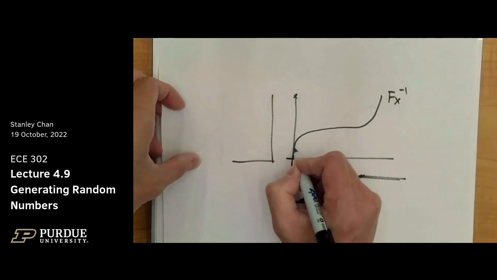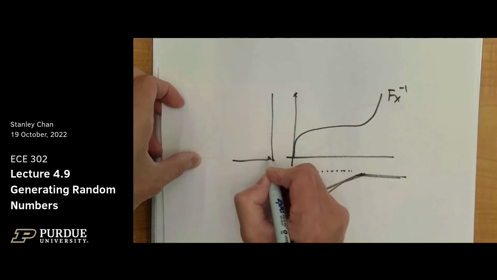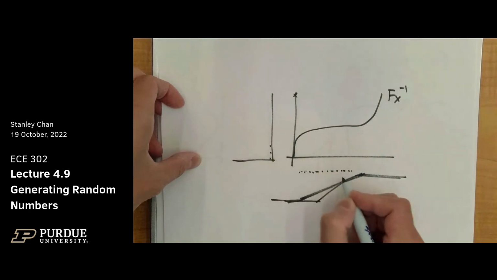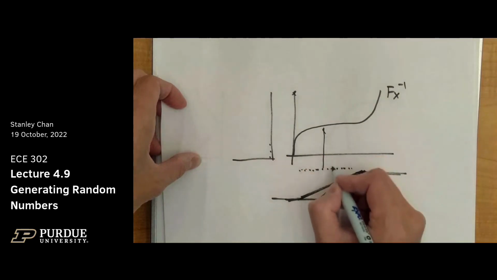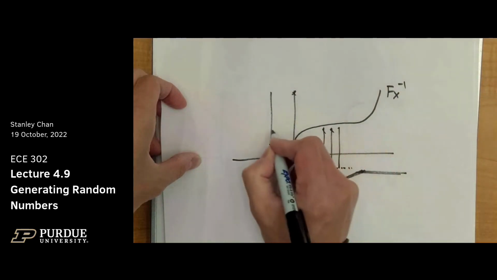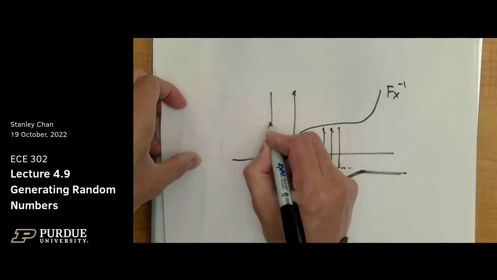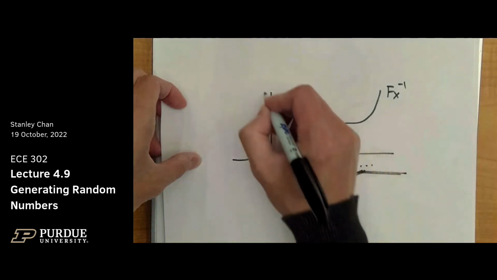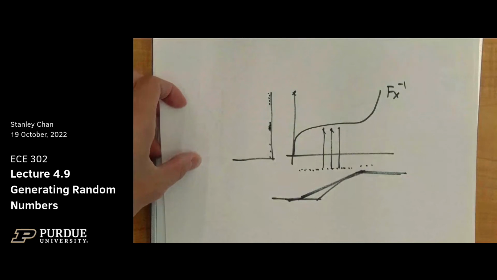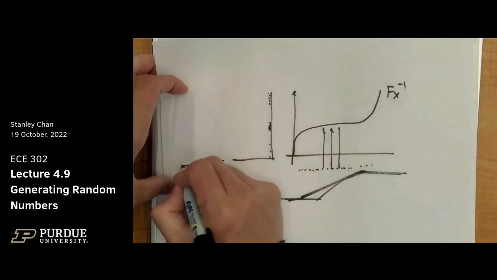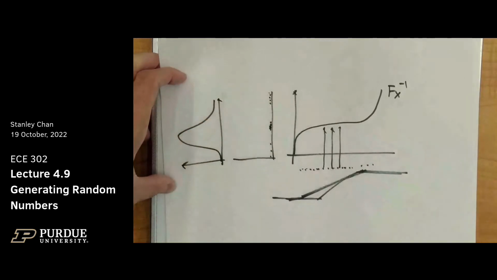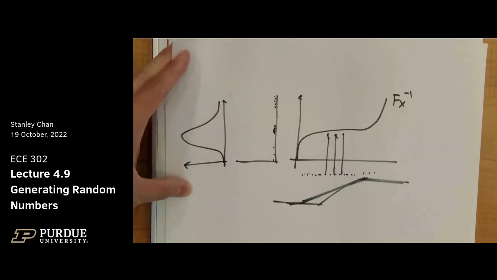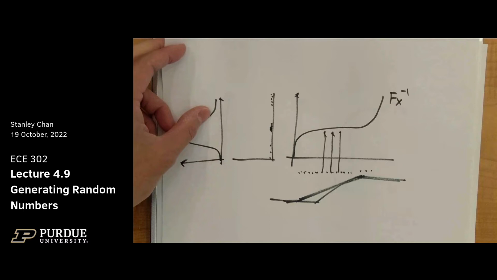You go up this figure, and you can see that here you will have very, very sparse concentration. Stuff in the middle will all be mapped together, and then stuff on the tail is located here. So if you draw the PDF, it will look like this. This is the distribution you want, right?